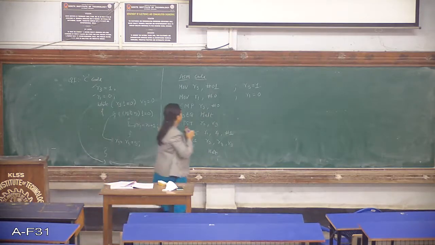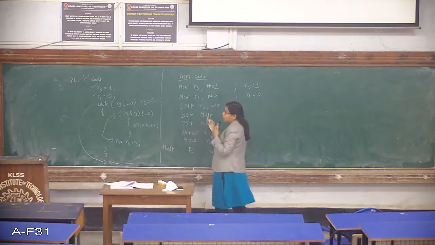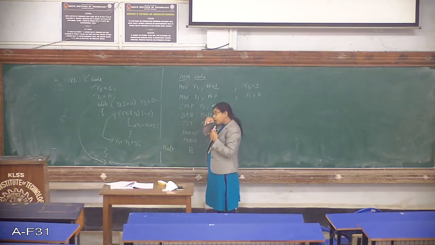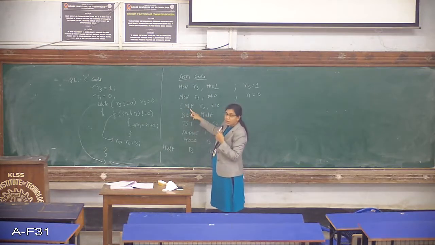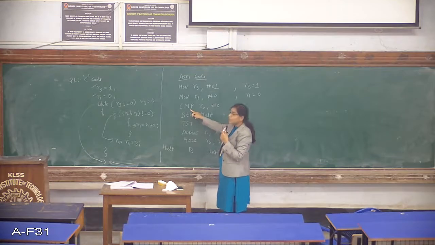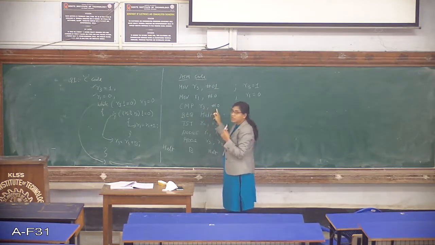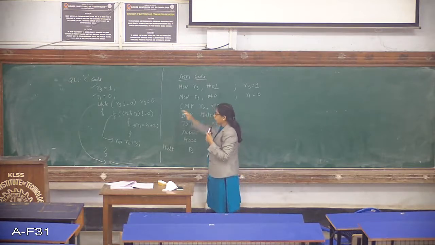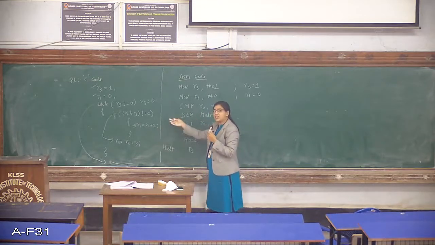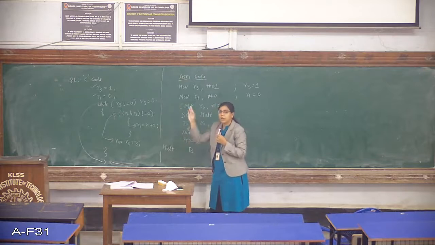So here in the while we are going to do a comparison. If you want to do any comparison, you are going to use the compare instruction, CMP, and you are comparing R3 with 0. So R3, 0 here. Okay. So if it is not equal, go inside the while. If it is equal, straight away come out of the while loop.